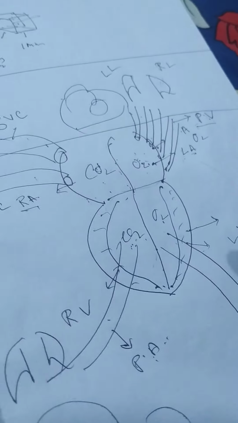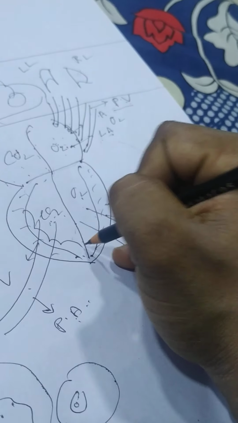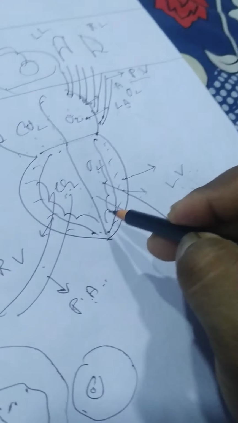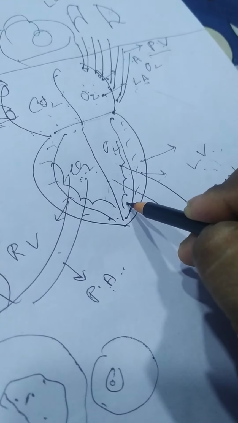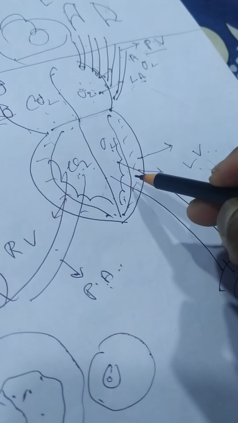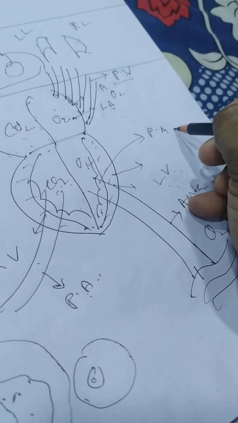There are some muscles situated in the wall of the ventricles. They are called papillary muscles.